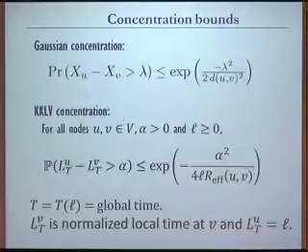Just to explain the philosophy here, if I have two vertices U and V, and I'm measuring local time at U, every time I do an excursion, I look at excursions from U. So I go from U and wait till I return to U. The number of visits to V in each such excursion is a random variable, and these random variables are all independent, because in different excursions I'm adding independent things. Also the distribution is very simple.